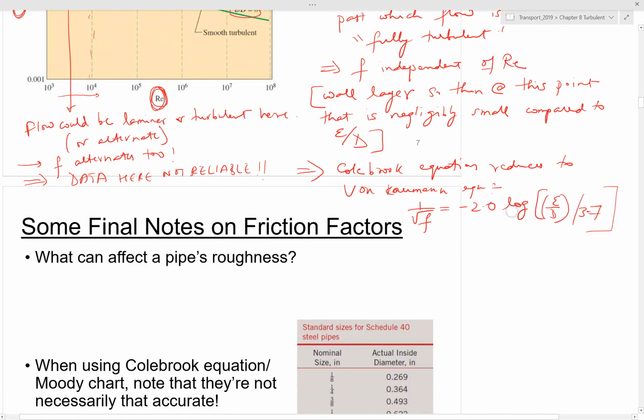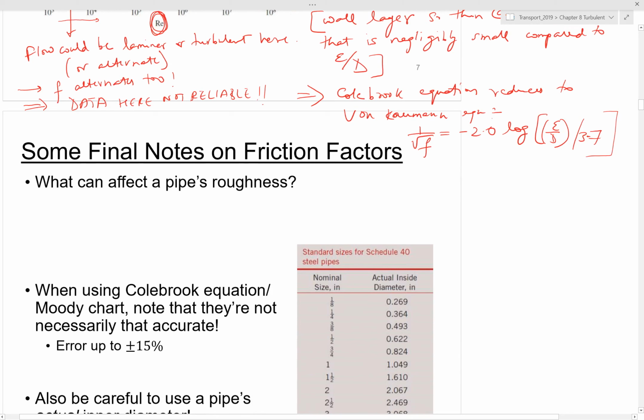And finally, some final notes on friction factors, from a design perspective. What can affect a pipe's roughness? The material itself. It can scale, it can build up over time.